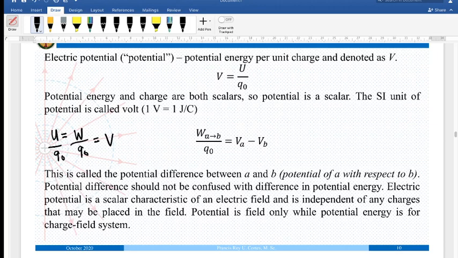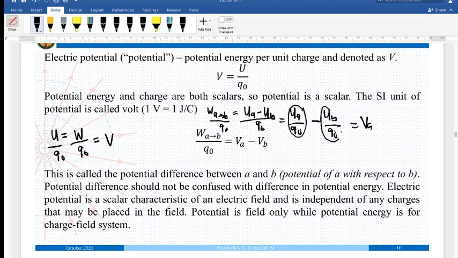And we know that the work as the charge moves from A to B is equal to UA minus UB, then divide both sides by Q sub naught. So we have UA over Q sub naught minus UB over Q sub naught. By the definition of potential, this is the potential at point A minus the potential at point B. That is why we have this expression, as you can see here.